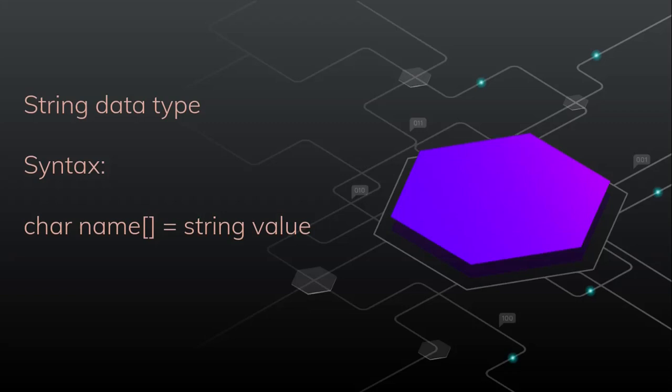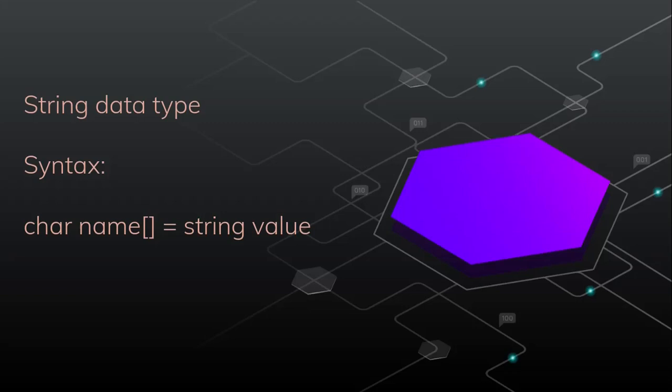I'm just gonna call it name, and then you will see a square opening bracket and a square closing bracket. That is to specify that this is a sequence. With the sequence, it can have as many elements as possible. These elements are regarded as characters when we are talking about a string.